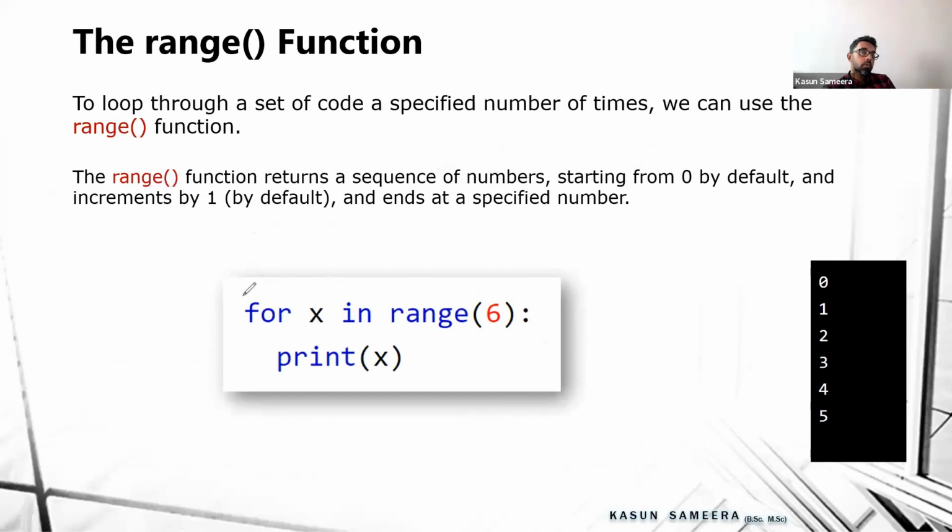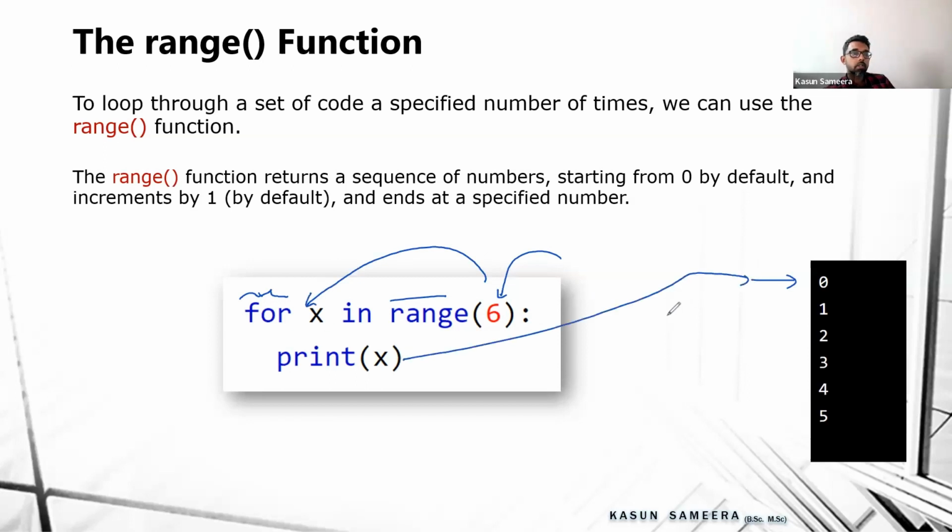The for loop with a range function. There's a number 6. How does the range function work in a for loop? The range has the number 6, so where does the range start? From 0. Start from 0, assign to x, and it will print x, which is 0.